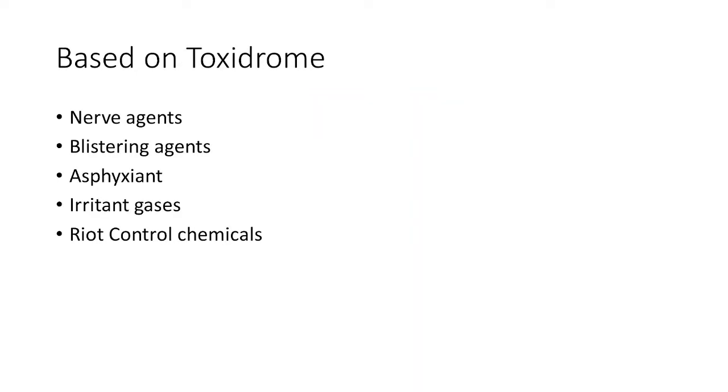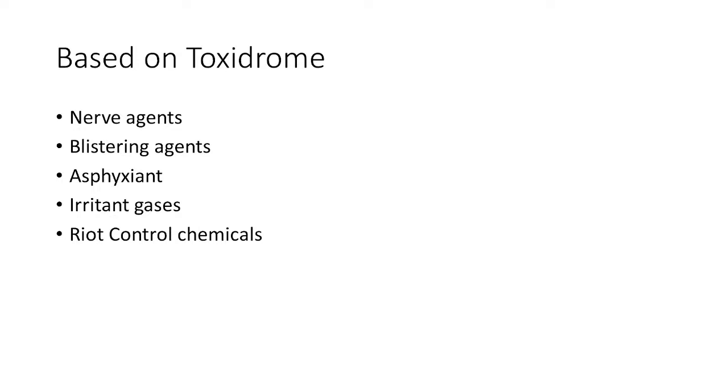Now, what are the different types of chemicals you know? The first chemical is the nerve agents. How will you know that there is an exposure to nerve agents? It's like OP poisoning, you know, SLUDGE and everything.